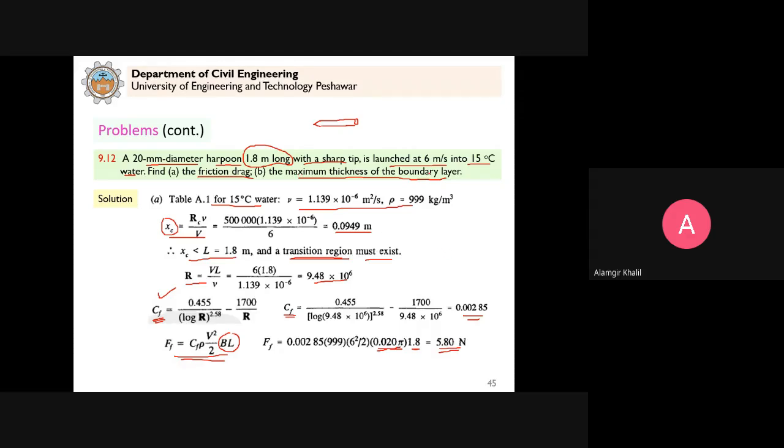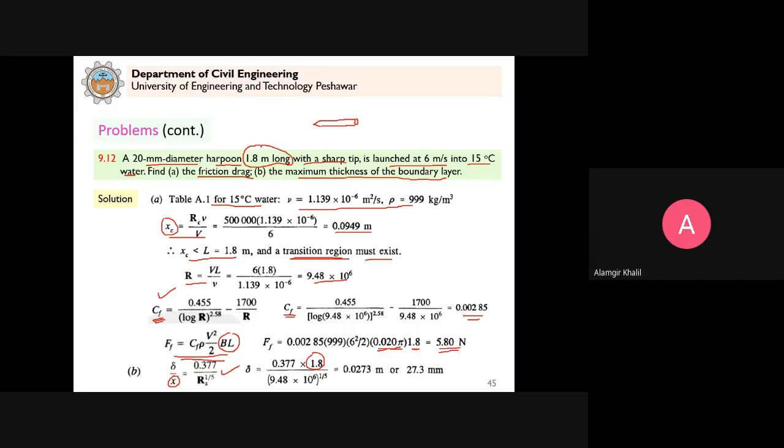Now the maximum thickness of the boundary layer. In this case, we use the thickness for the turbulent boundary layer. What will be x for maximum thickness? As you saw, as the distance increases, the thickness increases. So this x will be 1.8 meter. Clear?